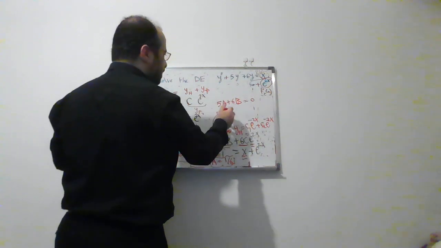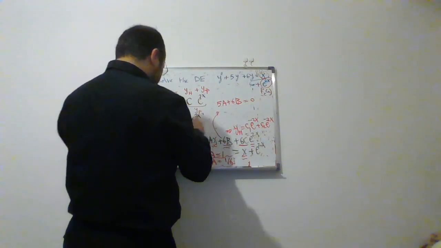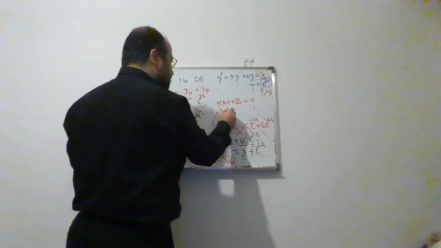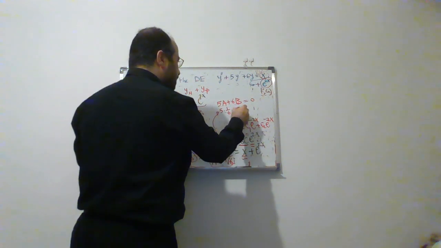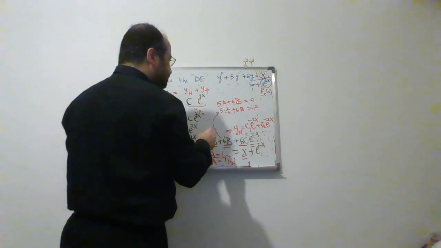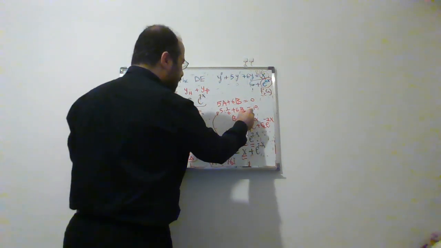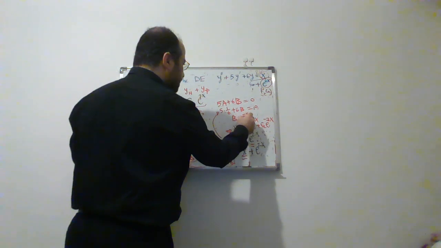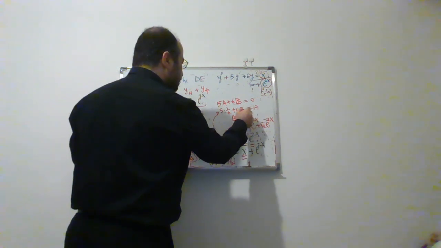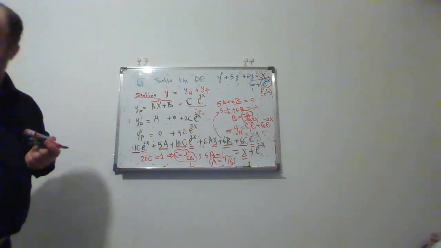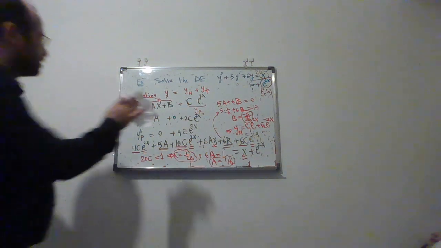There is no constant there, but we know a is 1 over 6, so 5 times 1 over 6 plus 6b equals 0, right? Finally, if you solve for b, you will get minus 5 over 36, yeah? Finally, I got the y particular and I can write it here, right?